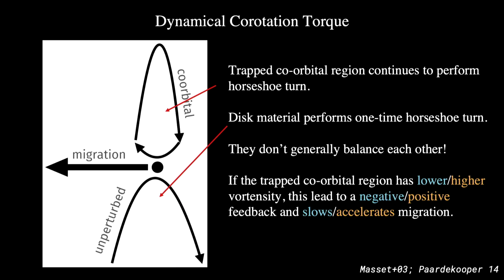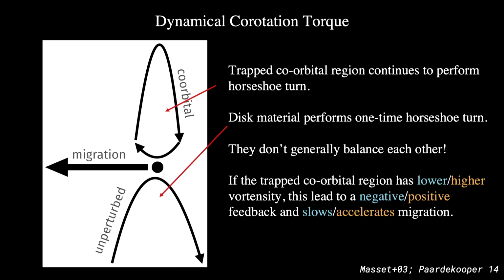And then on the other side, because the planet is moving, the gas comes in, encounters the planet, performs a horseshoe turn, but then the planet has moved away. So this stream never comes back. This is a stream that comes in from the background disk, performs one turn, and never comes back. So this is a turn that is performed by disk material at where the planet is currently located. So the material here is where it started, and this turn is where the planet is currently at.